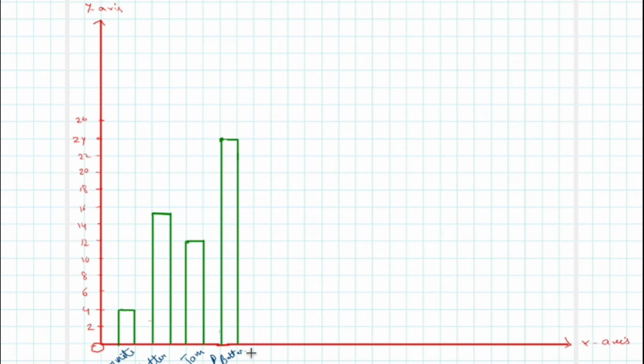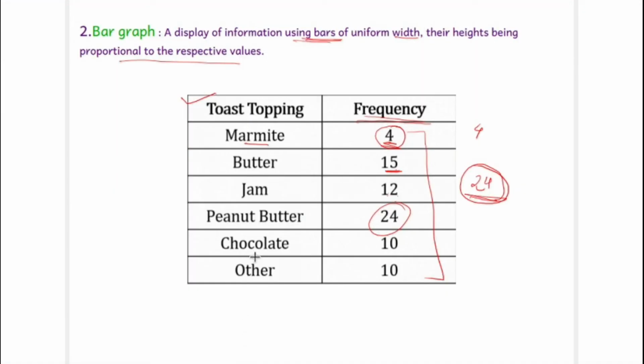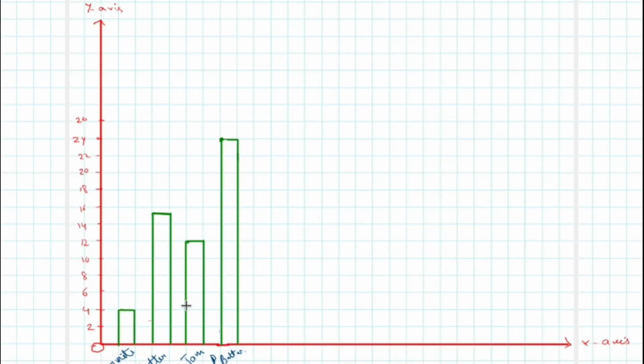This is peanut butter, and the next is chocolate is 10. So at 10 we have to make the bar now by leaving one box. So where is 10? Here. So we will mark it at first, then just join the lines. So this is chocolate.